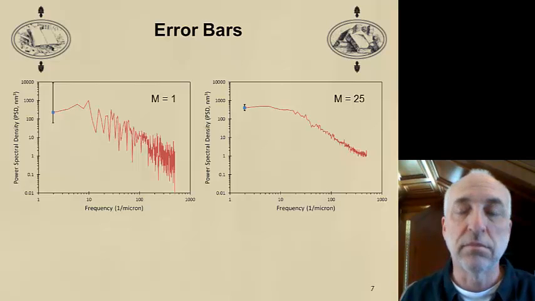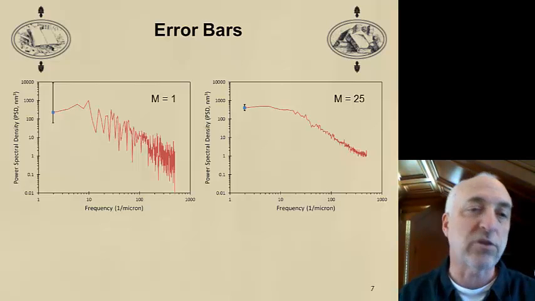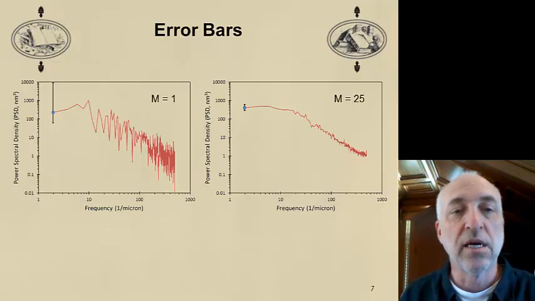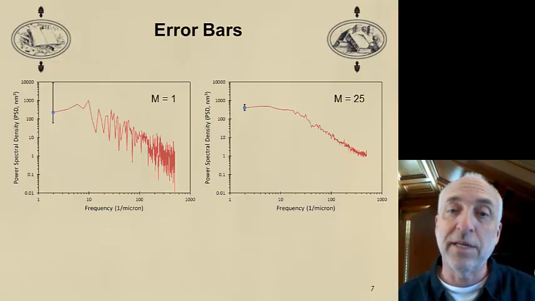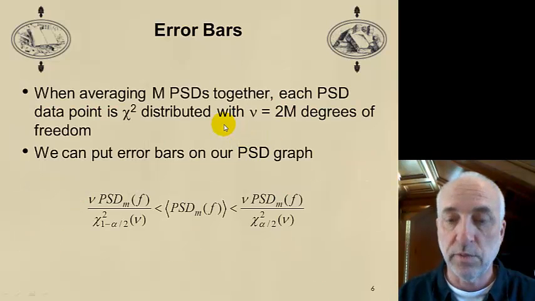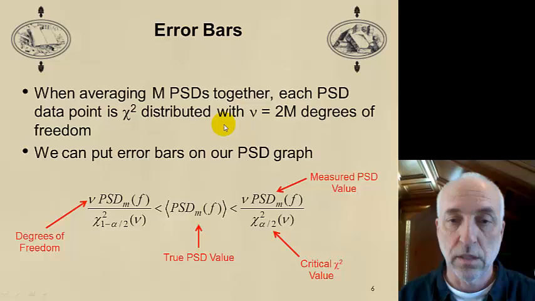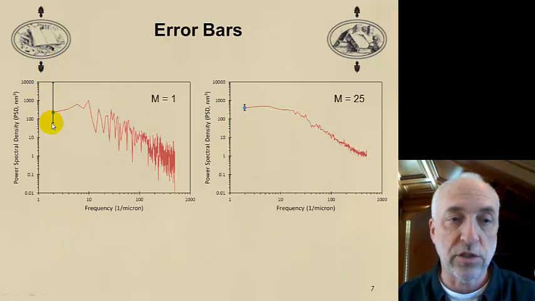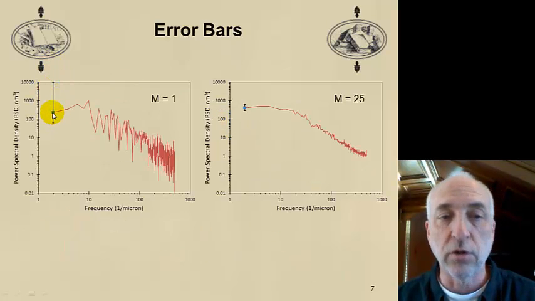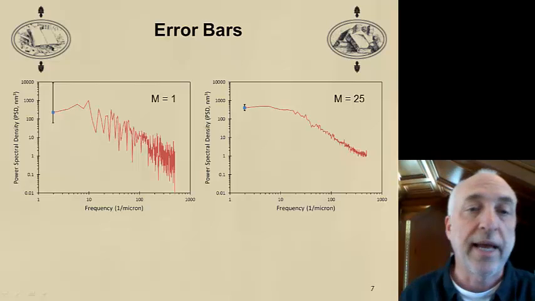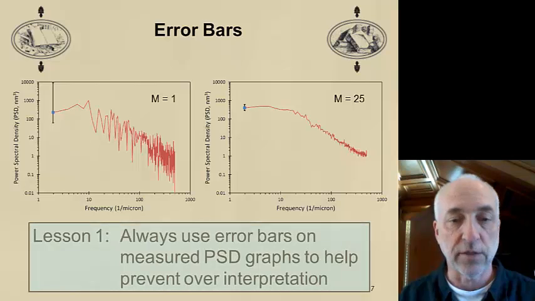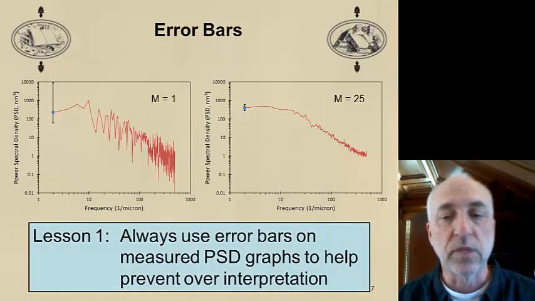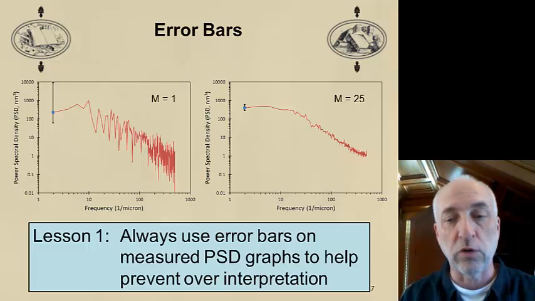Therefore, I can plot error bars on only one data point, and that's good enough. I can visually see what those error bars will look like everywhere else. So my recommendation is to plot the error bars just on this lowest frequency first data point, and then you'll see what the uncertainty is for everything else. So lesson number 1, always use error bars on measured PSD graphs to help prevent overinterpretation.